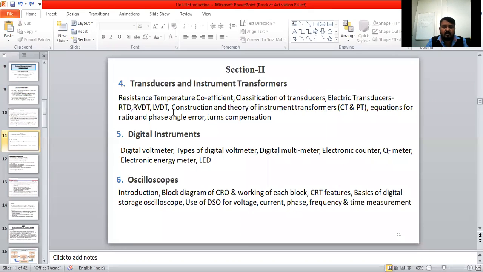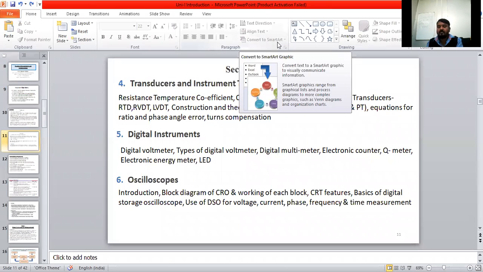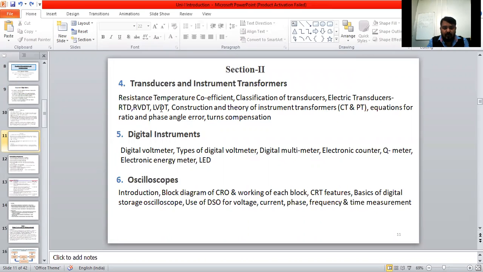We will discuss their construction and working principle in this unit.